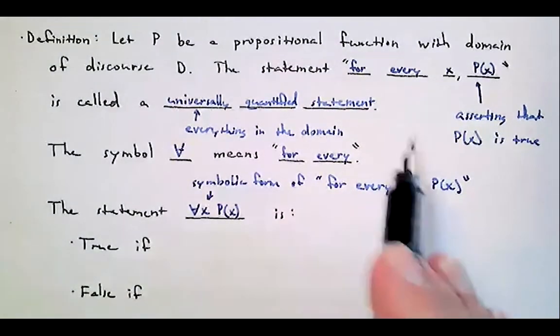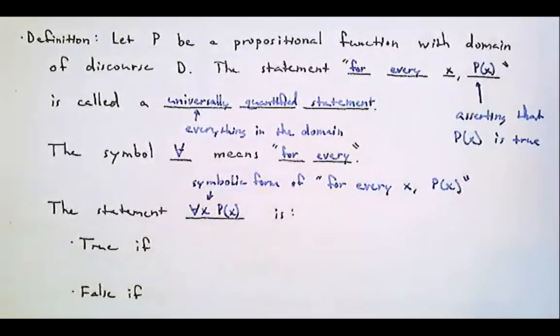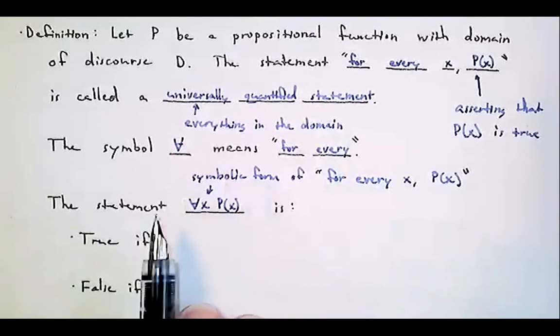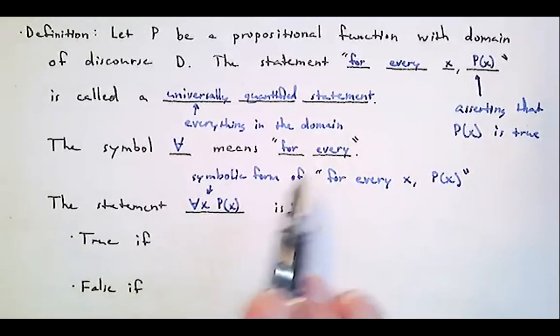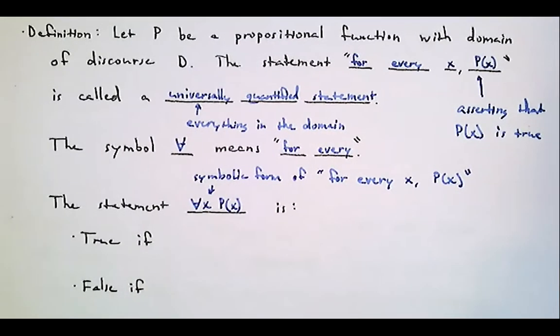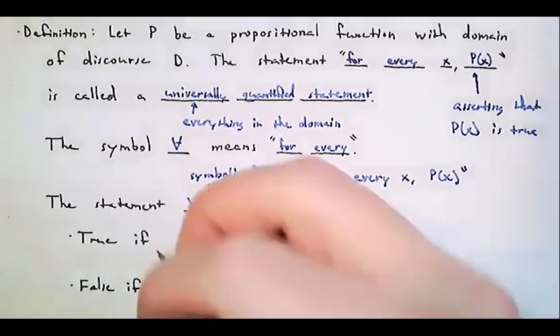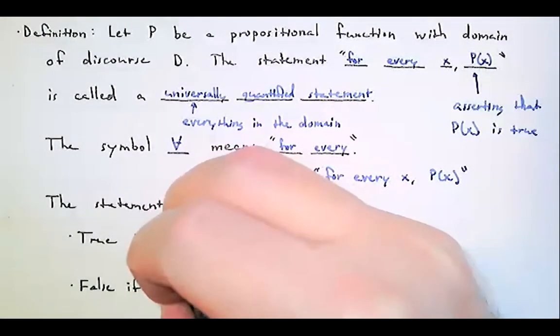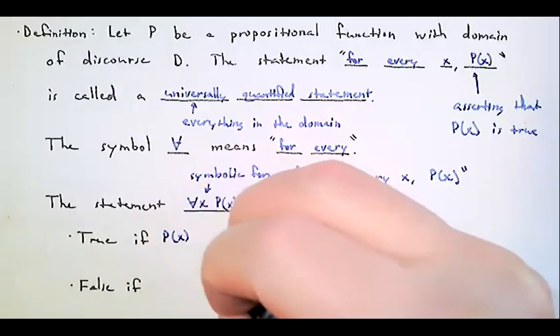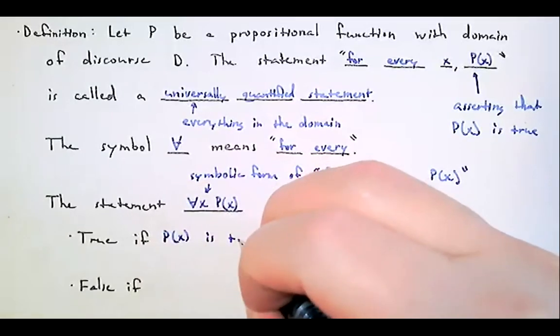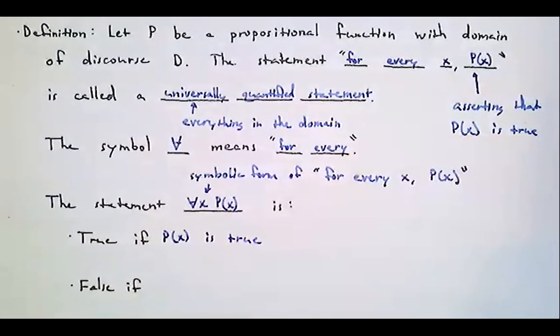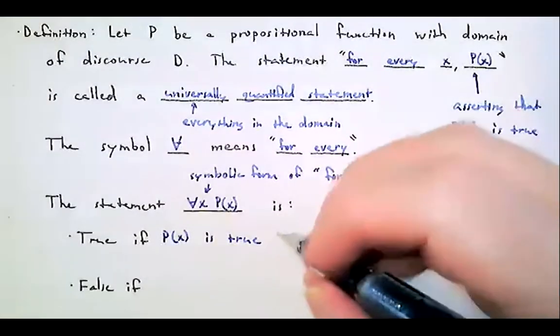And this means essentially what you think it should mean. The statement for all or for every x, P of x is true if the proposition P of x is true no matter what value of x you plug in.